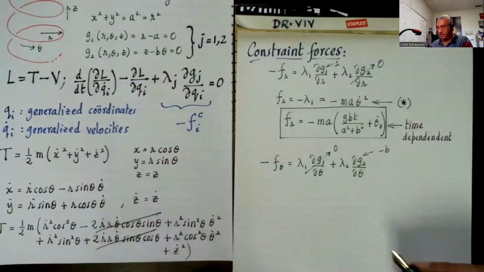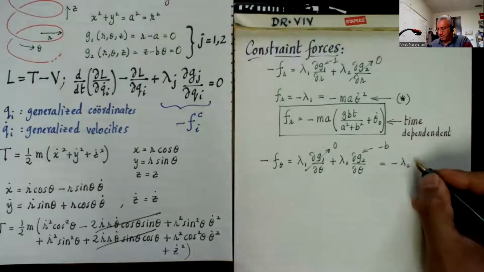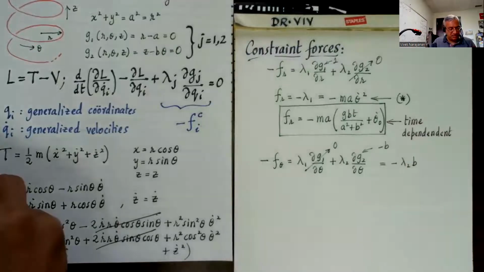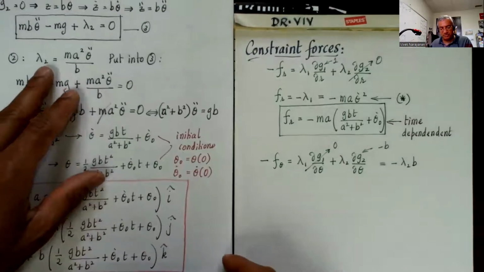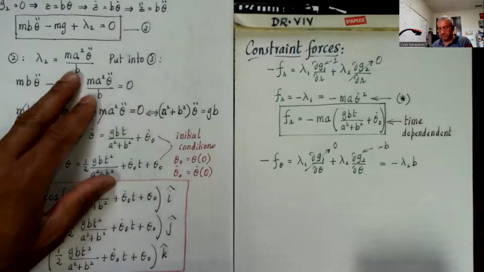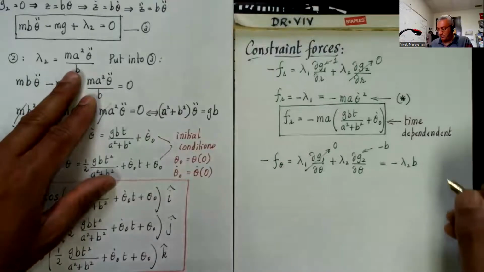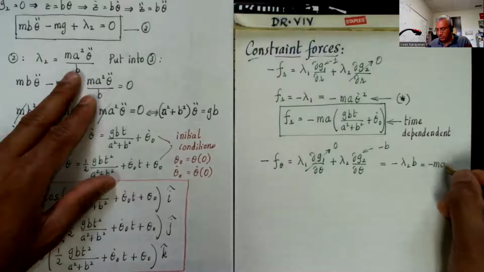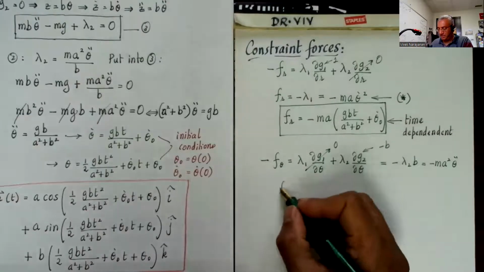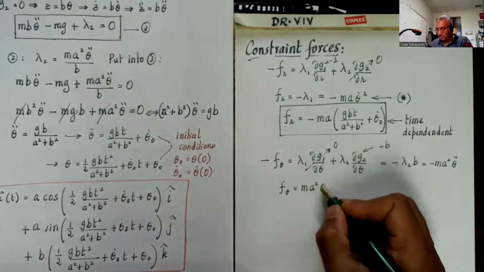So keep that in mind. So that gives me negative lambda 2 times b. However, lambda 2 was right here. Lambda 2 was precisely that. So lambda 2 times b is going to be ma squared theta double dot. So I have f theta is equal to ma squared theta double dot.